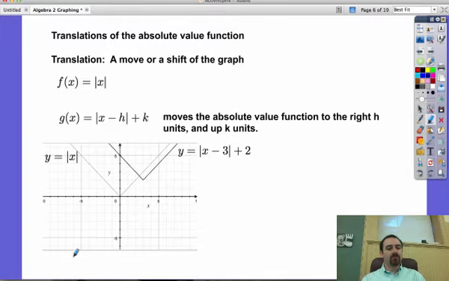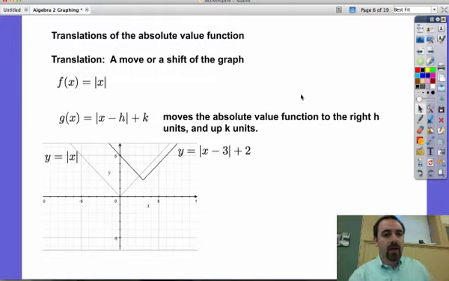So here's an example, and we'll learn how to graph this in a moment, but this is an example that I pulled from the program Grapher. Here is y equals the absolute value of x. That's what we'll call our parent function. And then here's our function y equals the absolute value of x minus 3 plus 2.